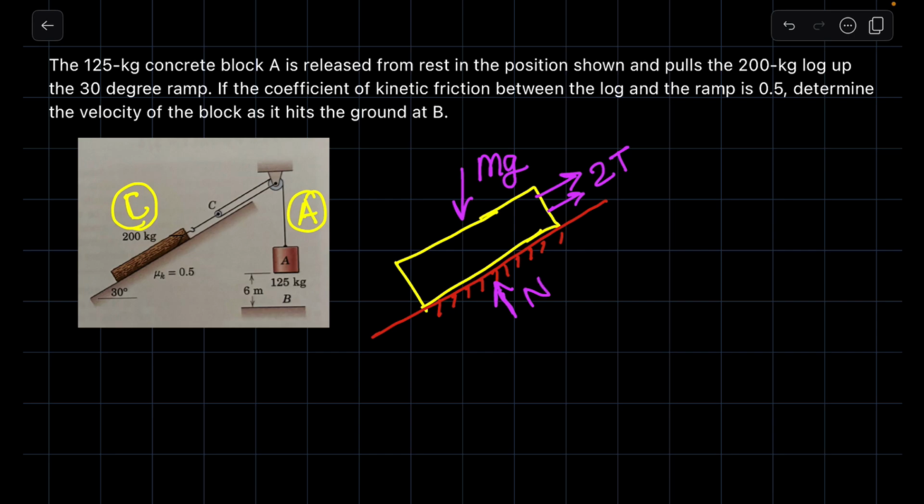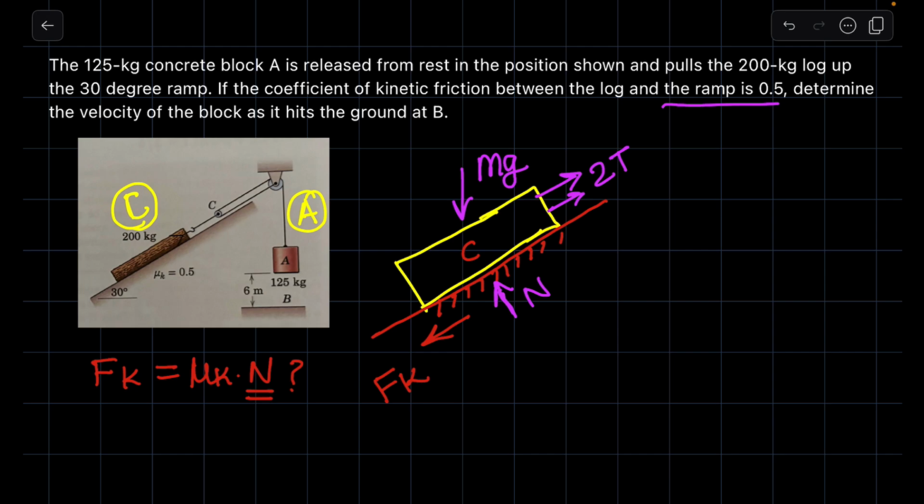Since there is friction, there is a friction force working opposite to the direction of the motion. This is Fk, and Fk is equal to mu k multiplied by N, the normal force. We need to find this normal force in order to find Fk. So this is all about the body C.